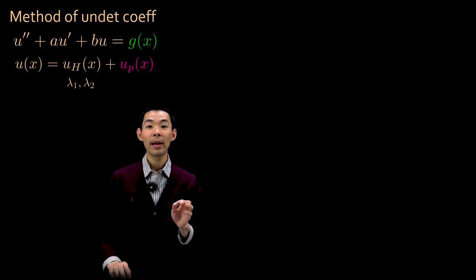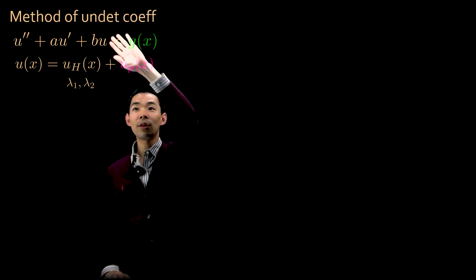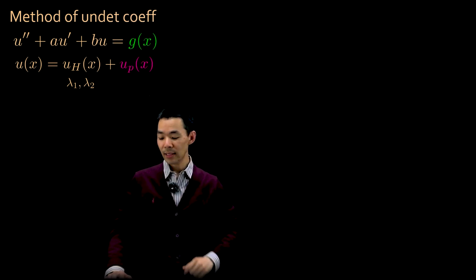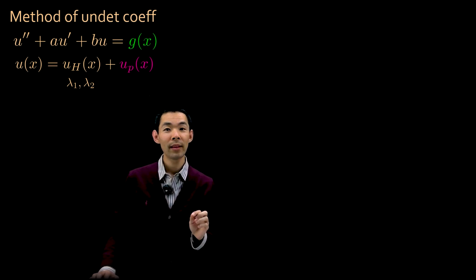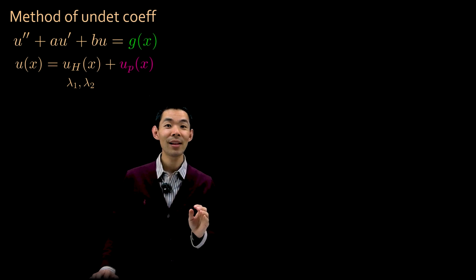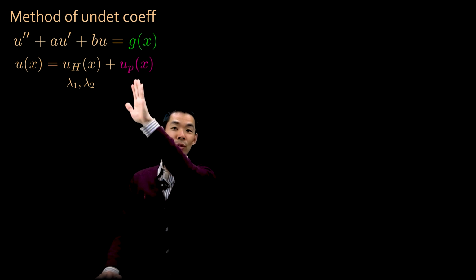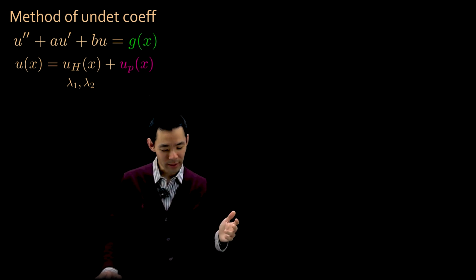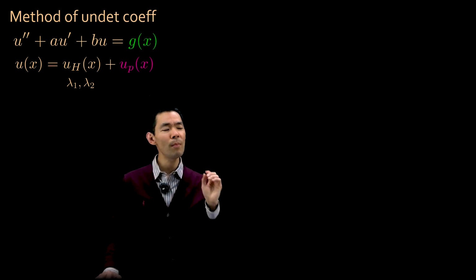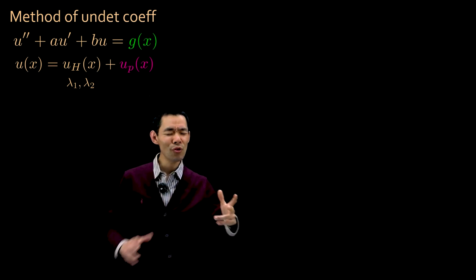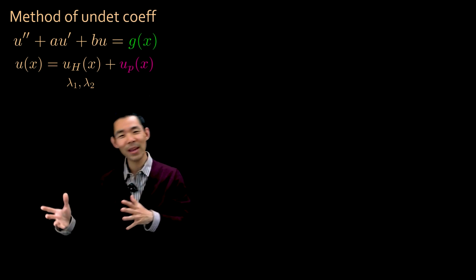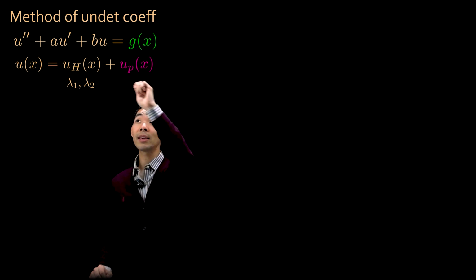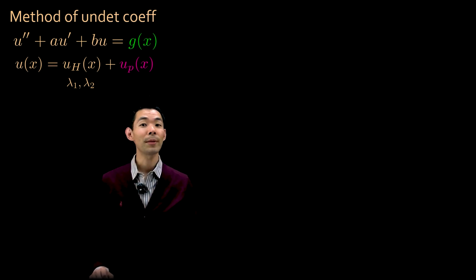It turns out that if your right-hand side here, g of x, written in green, takes on very specific terms, then you can guess the form of your particular solution, u sub p, and make it work. So the theme is you make a good guess, and you find what the constants are, you massage it here and there, you make the constants work out such that it captures the right particular solution.